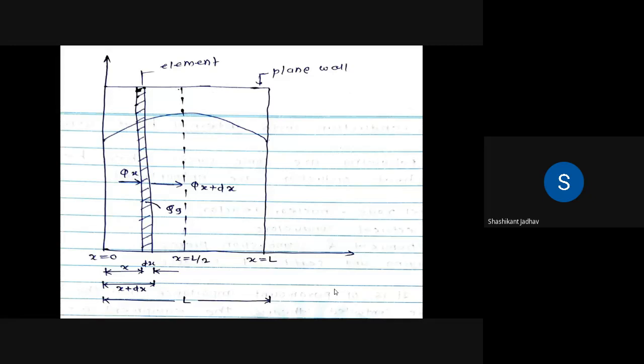In that small element, heat conducted in is Qx, heat generated within that small element is Qg, and heat conducted out from that small element is Qx plus dx. Okay, so all of you draw this diagram.